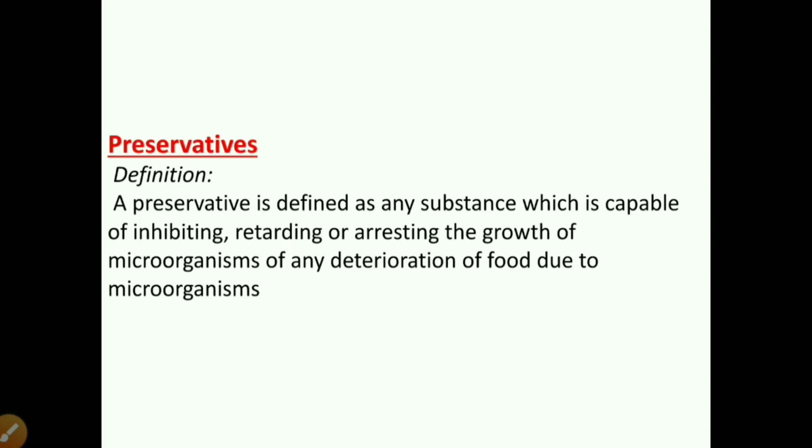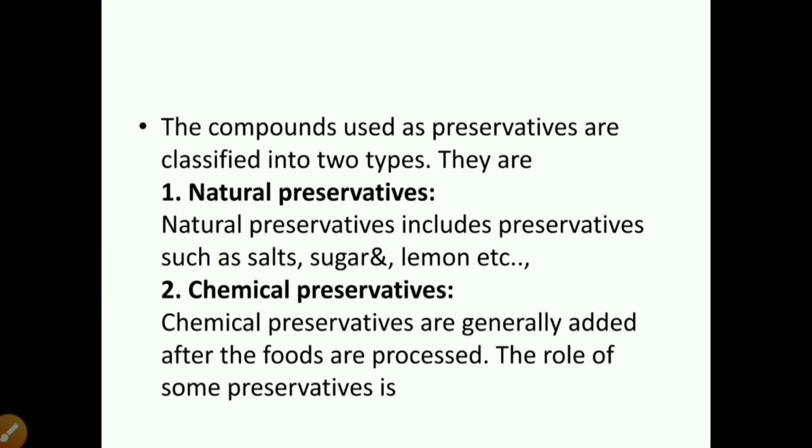Preservatives. Preservative is defined as a substance which is capable of inhibiting, retarding or arresting the growth of microorganisms or any deterioration of food due to the microorganisms. These preservatives include natural preservatives and chemical preservatives.